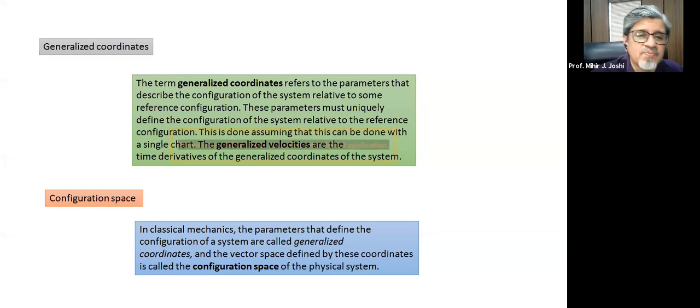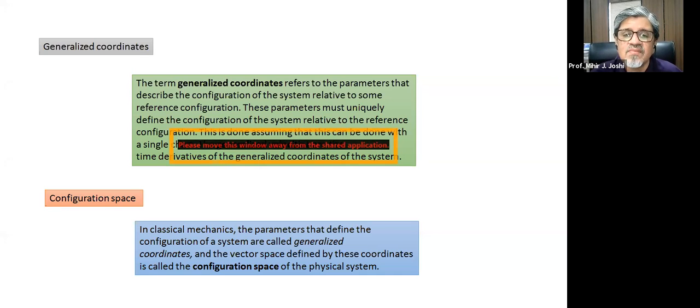Then configuration space. In classical mechanics, the parameters that define the configuration of a system are called generalized coordinates, and the vector space defined by these coordinates is known as the configuration space of a physical system. Now, there are two types of definitions available.